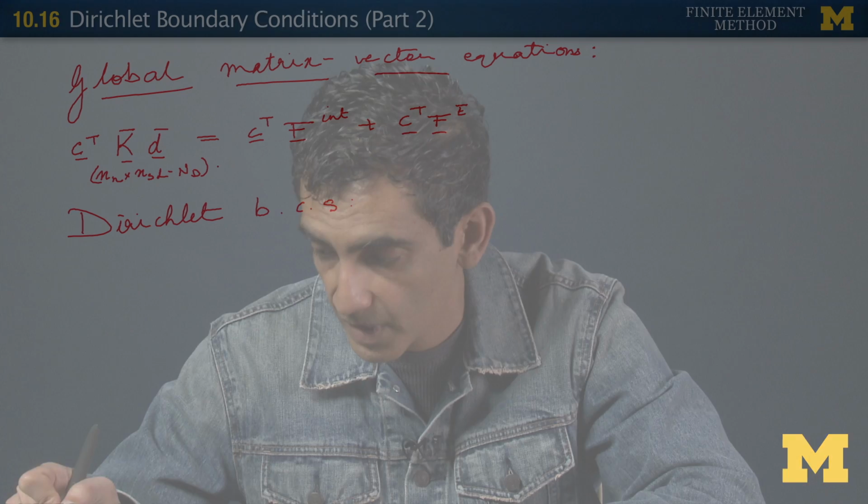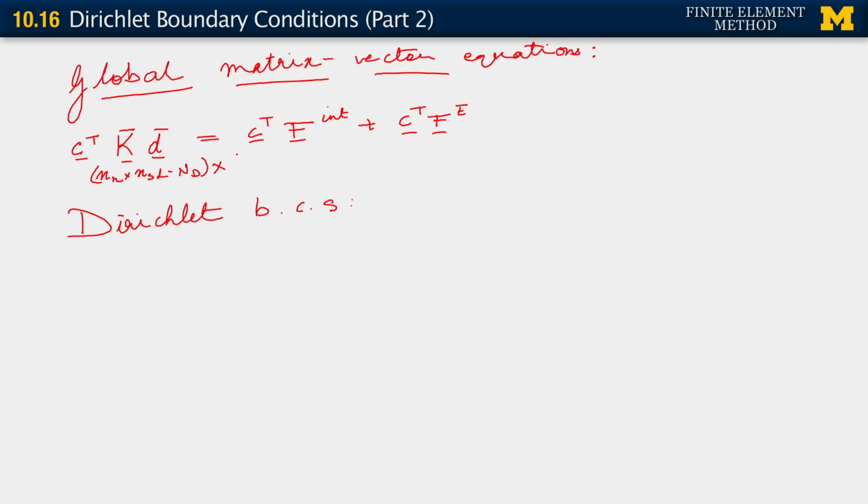This could be the one direction on some node, the two direction on some other node, and the three direction on yet another node. When we sum this up, we get 3, so in that case, ND would be 3. So this times number of nodes in the problem times NSD.